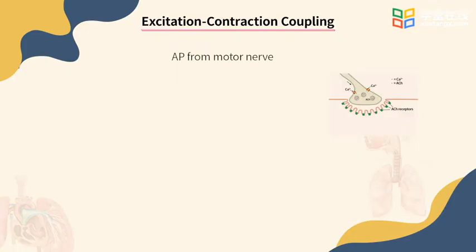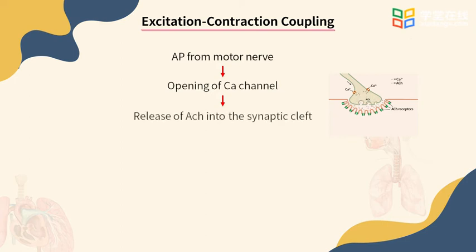When the action potential arrives, depolarization of the presynaptic terminal opens calcium channels. Calcium ions rush into the presynaptic terminal down their electrochemical gradient, inducing the release of ACh into the synaptic cleft.